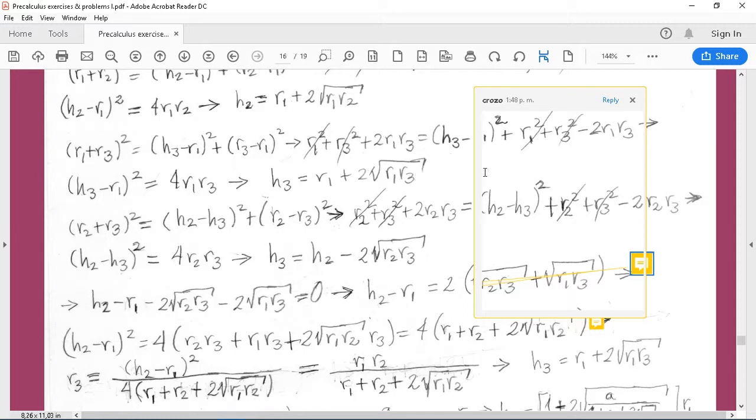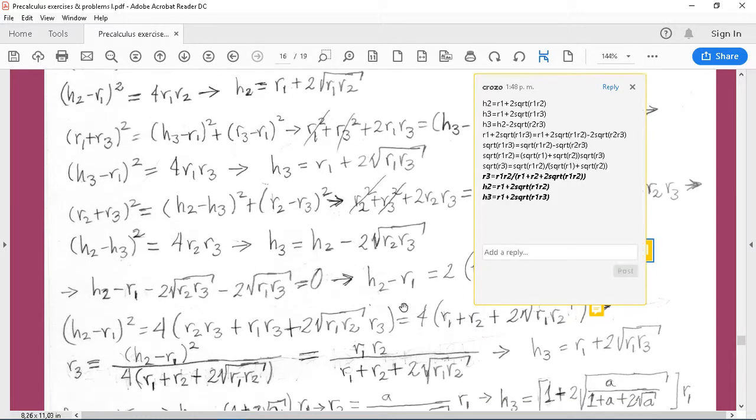We have then that the square root of R1R2 equals the square root of R2R3 plus the square root of R1R3, which means that the square root of R1R2 equals the square root of R3 times the sum of the square root of R1 plus the square root of R2.